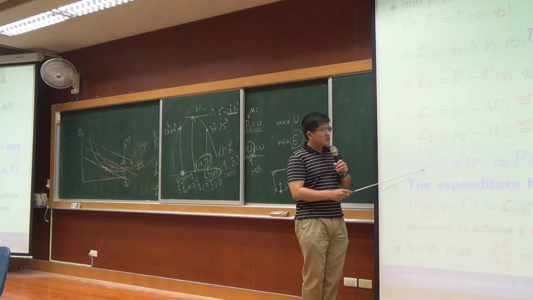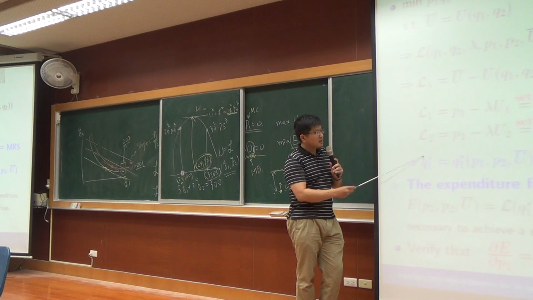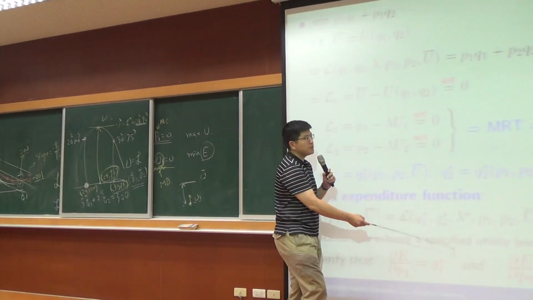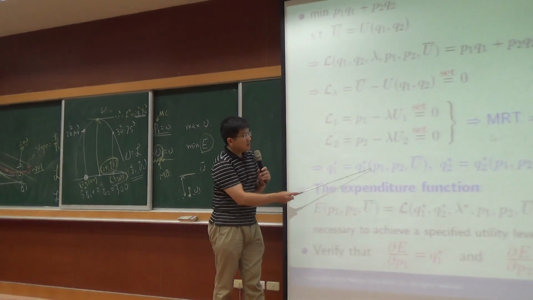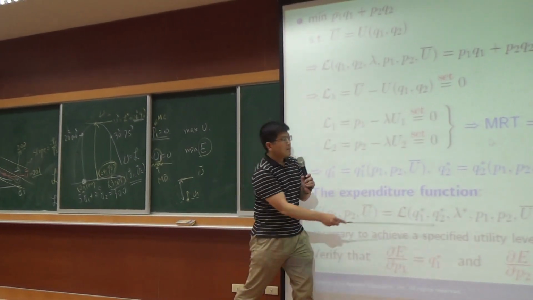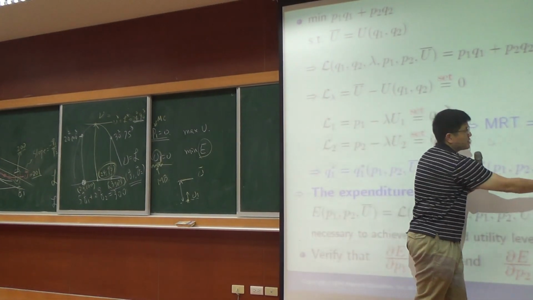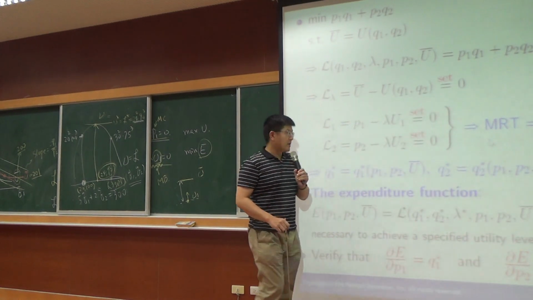So our choices, Q1, Q2, and lambda, will be functions of P1, P2, U bar. P1, P2, U bar. All right?